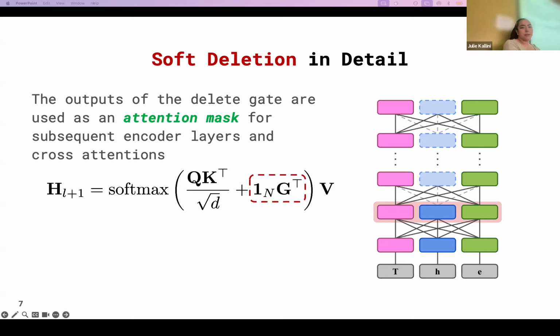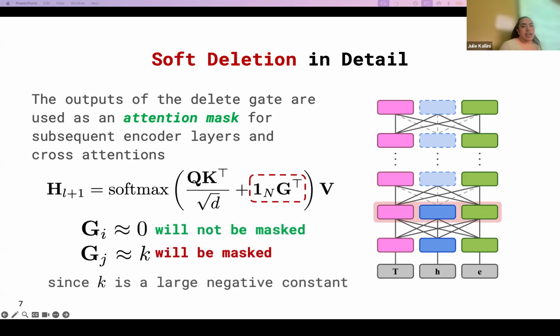And again, we broadcast across the sequence dimension. But basically, any tokens with gate values close to 0 will not be masked out because the input to the softmax will be unaltered. But any gate values close to k, since k is a large negative constant, will be masked out.